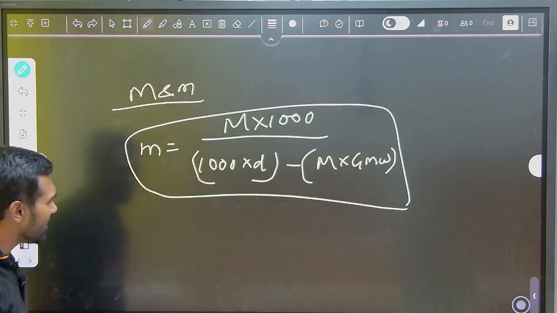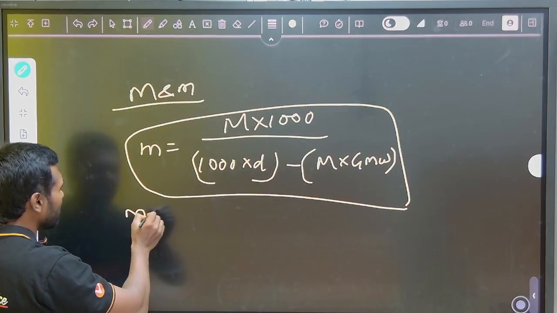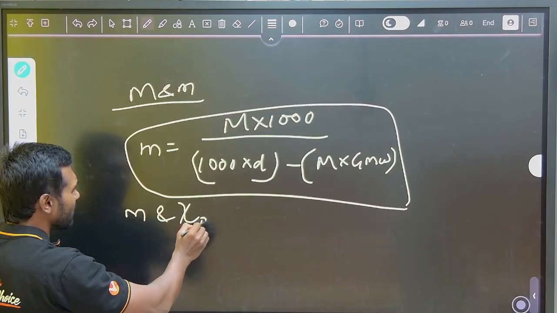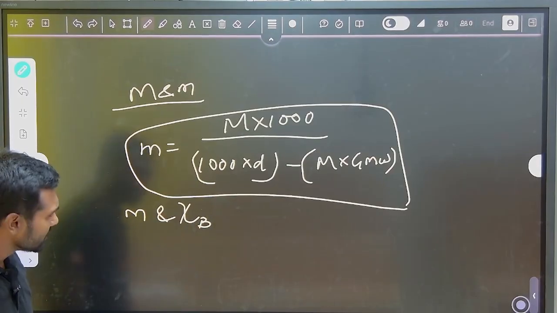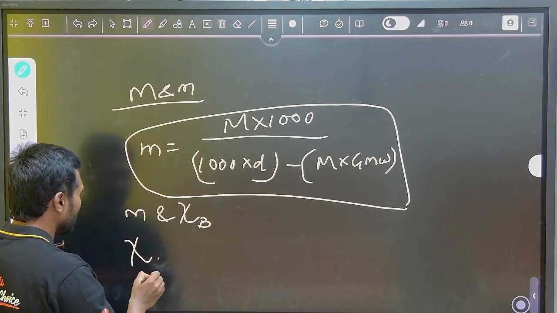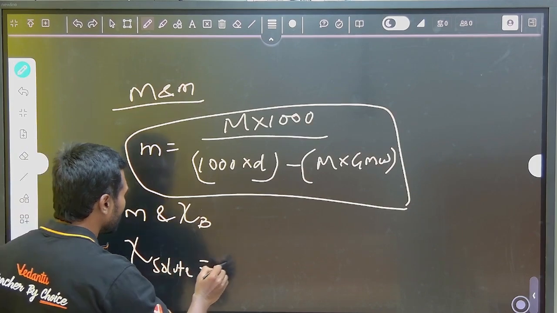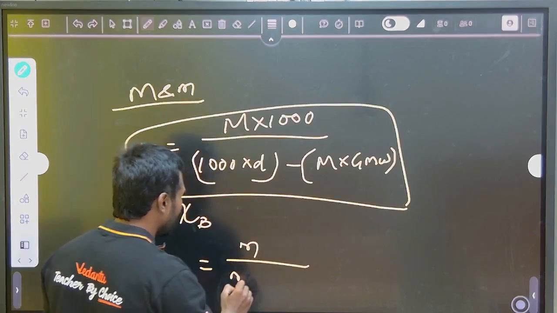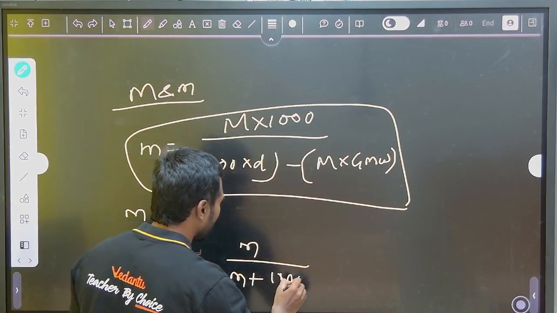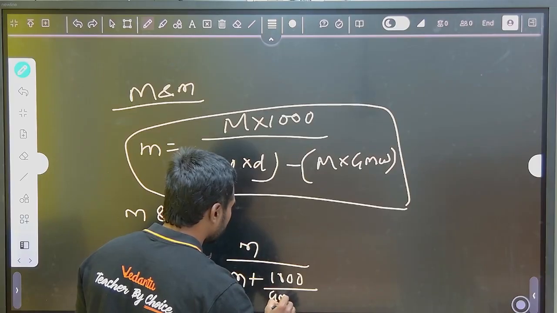And the relationship between molality and mole fraction of solute, where I am considering B as the solute: mole fraction of solute is equal to molality by molality plus 1000 by gram molecular weight of solvent.